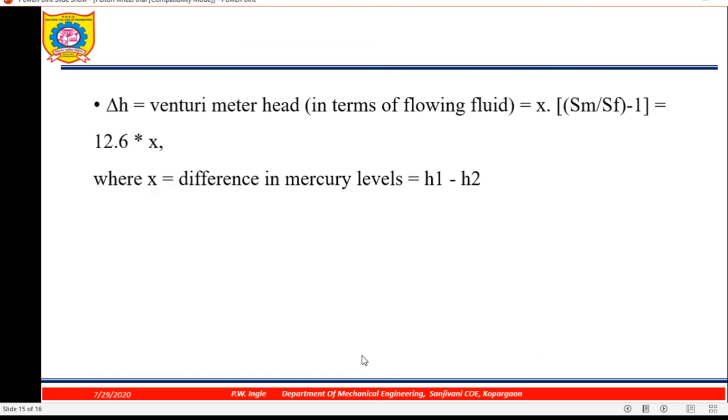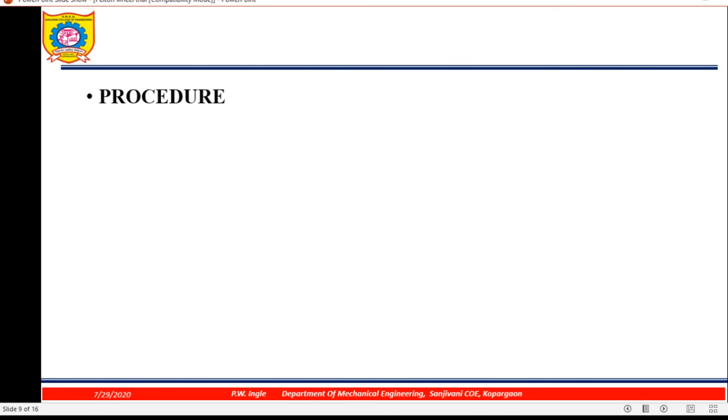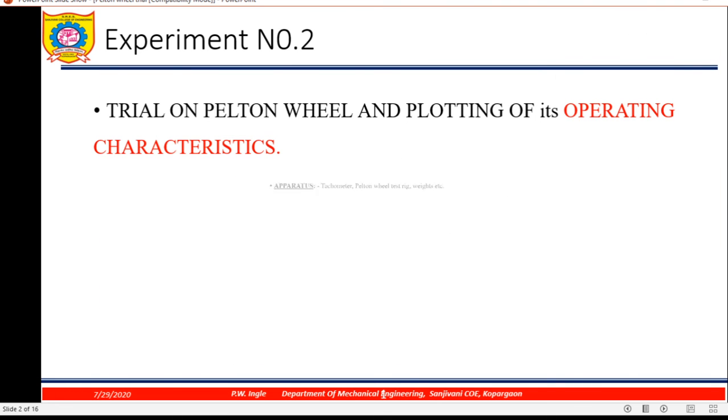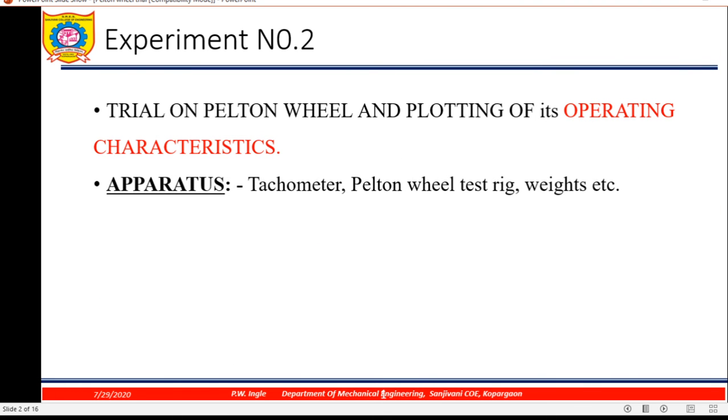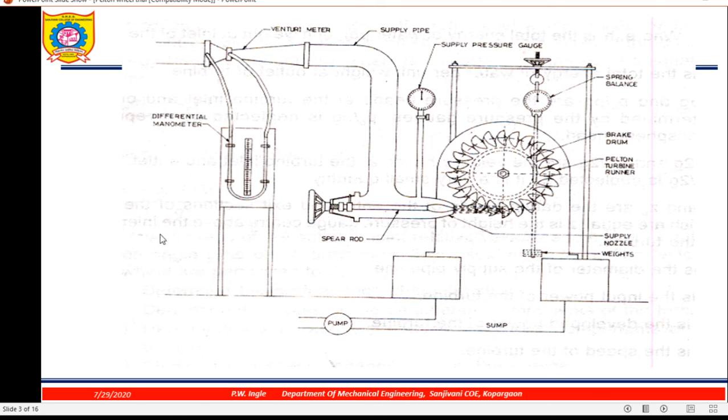Again I will repeat in short what readings you have to take and what our aim is. The aim is to calculate the operating characteristics. This is the apparatus and this is the experimental setup.